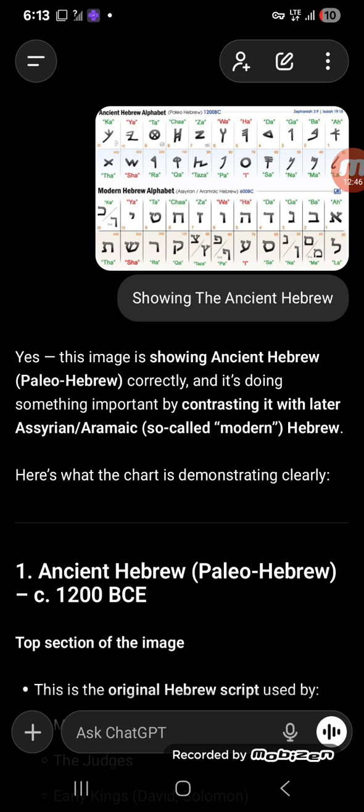Yes, this image is showing ancient Hebrew, or Paleo-Hebrew, correctly. It's doing something important by contrasting it with later Assyrian and Aramaic script, the so-called modern Hebrew. Ancient Hebrew, Paleo-Hebrew, 1200 BCE.